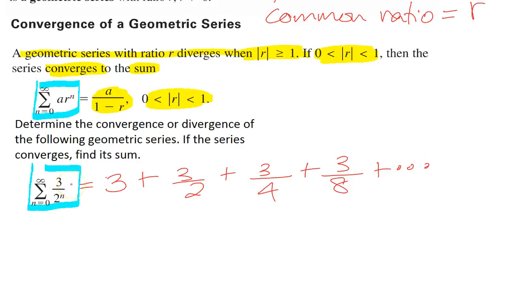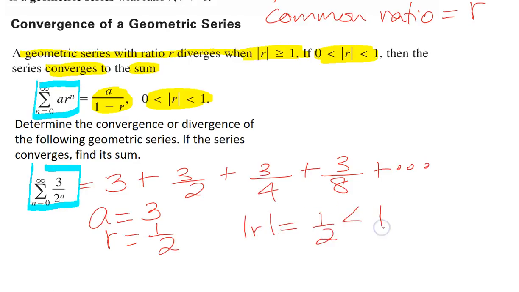a times r to the n. What is a here? What's the first term? The first term is 3. And what is r? What are we multiplying by each term? We are multiplying by 1/2 each time. So the absolute value of r is 1/2, which is less than 1. And what does the result say?